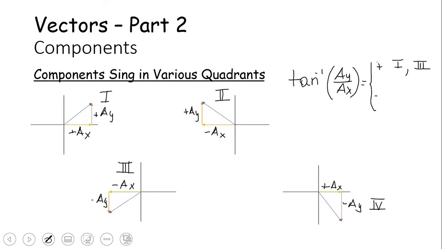If it's negative, you're in the other two quadrants, namely you're in the second quadrant if Ax is negative and Ay is positive, or you're in the fourth quadrant if Ax is positive and Ay is negative. The problem here is that your calculator does not determine this. Your calculator will give you a number because the calculator doesn't really know which one of the two numbers in the ratio was negative. So it's up to you when you solve the problems to determine in which quadrant you are in order to determine the actual angle that you're measuring. Again, I will show you this in the example at the end.